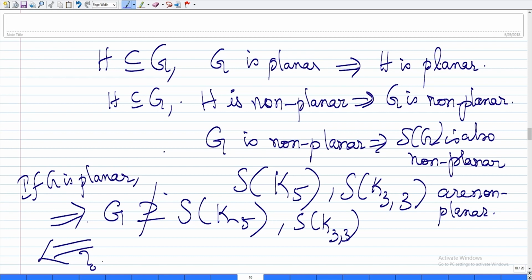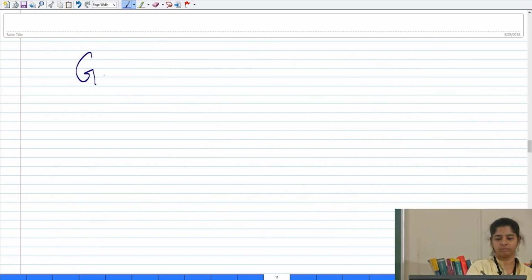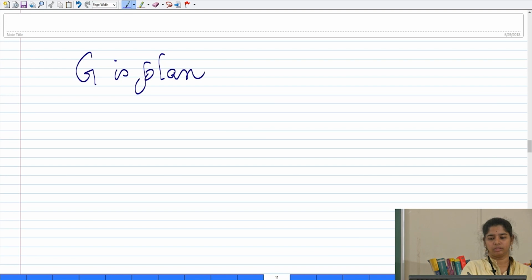He proved that G is planar if and only if the converse holds: if G does not contain a subdivision of K5 or K33, then G is planar. So, this is what Kuratowski's theorem states, both directions: G is planar if and only if G does not contain a subdivision of K5 or K33. Obviously do not worry, I am not going to prove it.